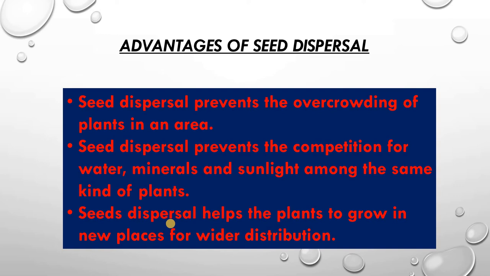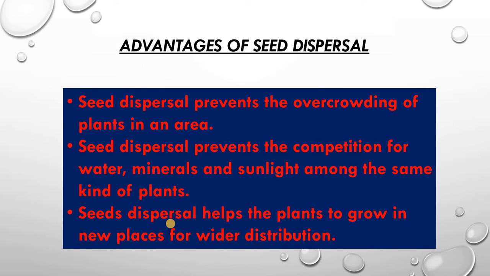Now, why is seed dispersal beneficial to the plant, or what are the advantages of seed dispersal? Number one, seed dispersal prevents the overcrowding of plants in an area. So it prevents the competition for water, food, and sunlight.